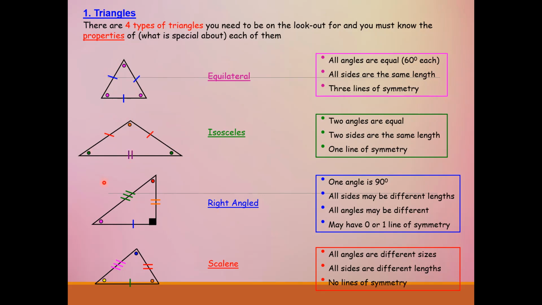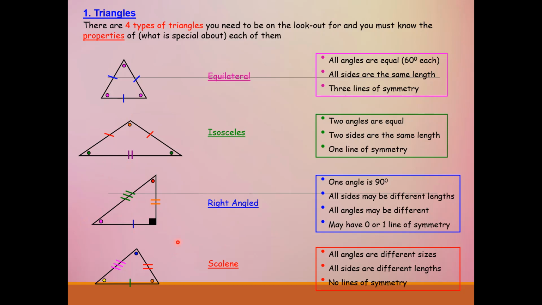Okay, next one we have the right angle triangle. If you notice, this has a 90 degree angle, and all sides may be different lengths. If you can see this one here, they have different colors. It means that their sides are different in length, and their angles as well, they don't have the same, and it may have 0 or 1 line of symmetry.